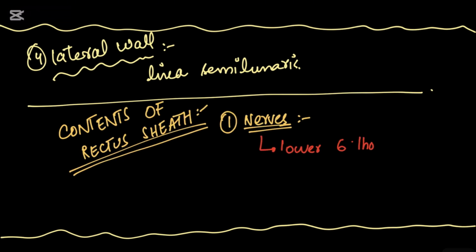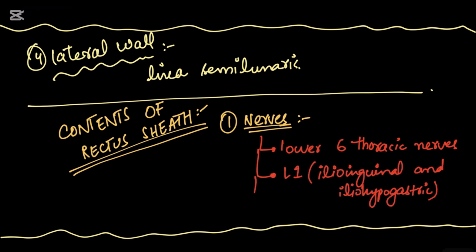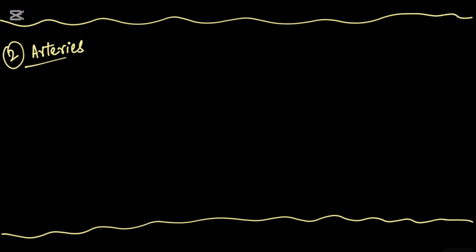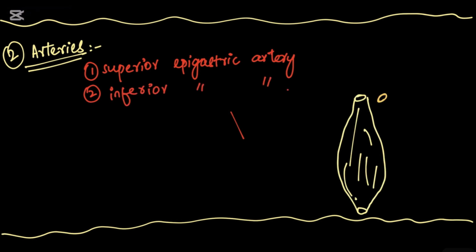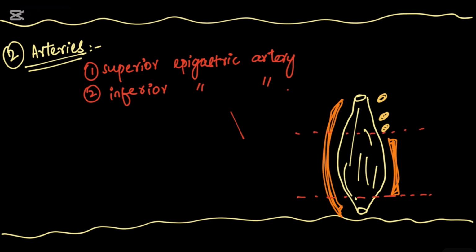Contents of rectus sheath: nerve, lower 6 thoracic nerves, L1, that is ilioinguinal and iliohypogastric, the pyramidalis muscle. Arteries: superior epigastric artery, inferior epigastric artery. Now we are drawing all the 3 levels of the rectus sheath, and here this is the inferior epigastric artery and this is superior epigastric artery.